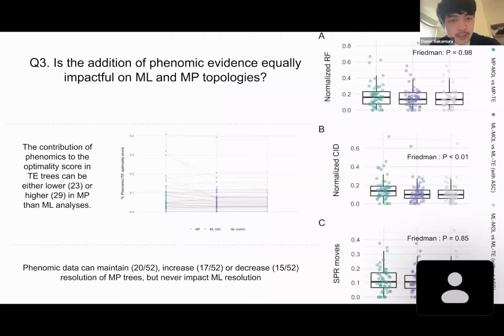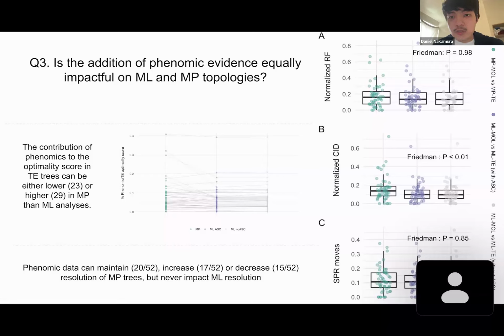Question 3 is, is the addition of phenomic evidence equally impactful on likelihood and parsimony topologies? We used Friedman tests to test this question, which take into account the non-parametric distribution and the non-independence of the data. The Friedman test indicated that for cluster information distance, the values of parsimony analysis were slightly higher than maximum likelihood.